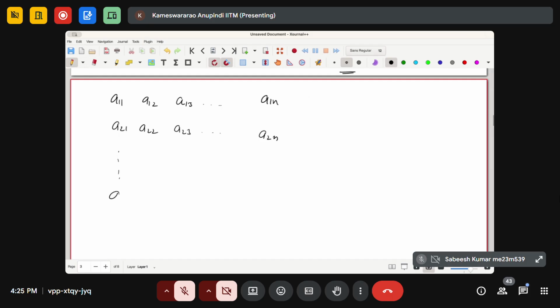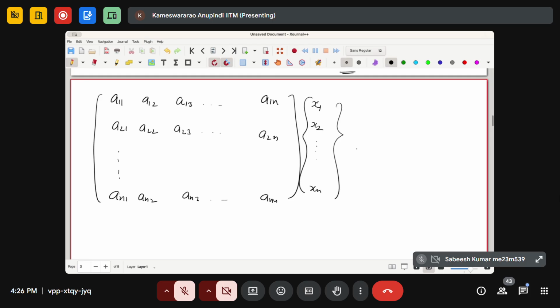And then AN1, AN2, AN3, all the way to ANN. This is the matrix we have. We multiply it with the vector x1, x2, all the way to xn, equals B1, B2, B3, all the way to Bn. This is our general system on which we want to apply Gaussian elimination.